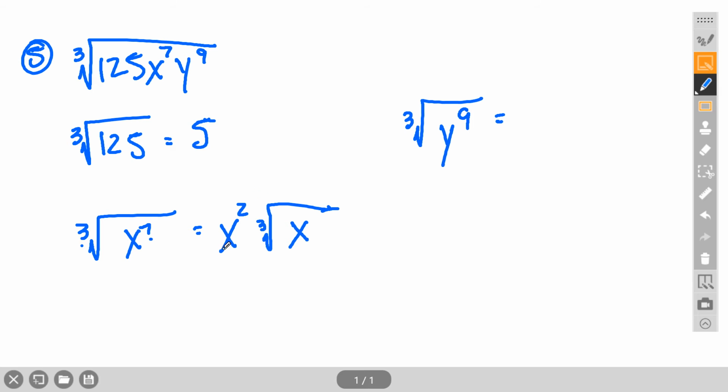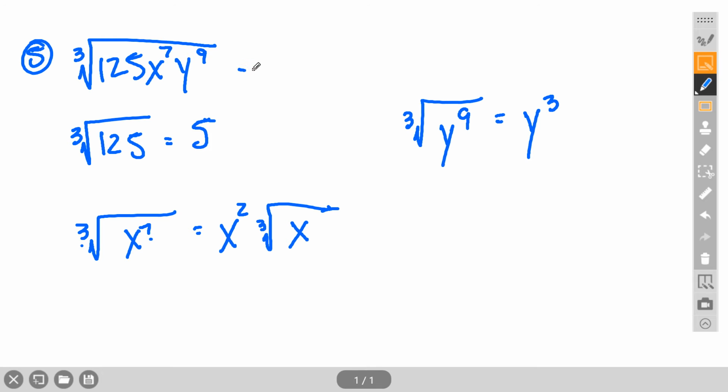So 2 x's come out to make x squared, and we have a single factor of x stuck underneath the radical.